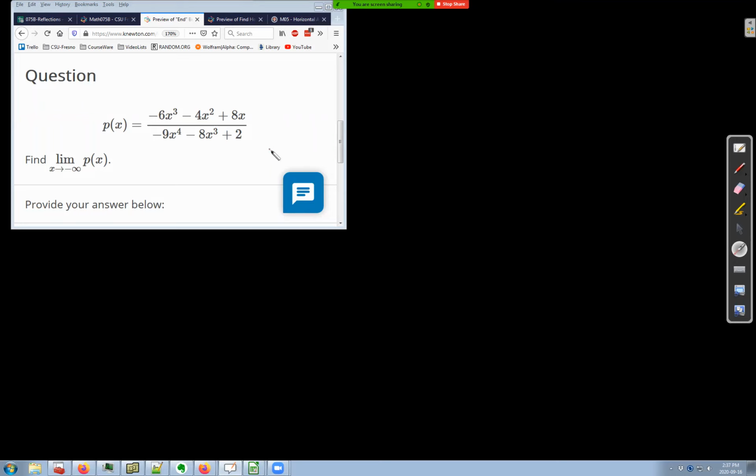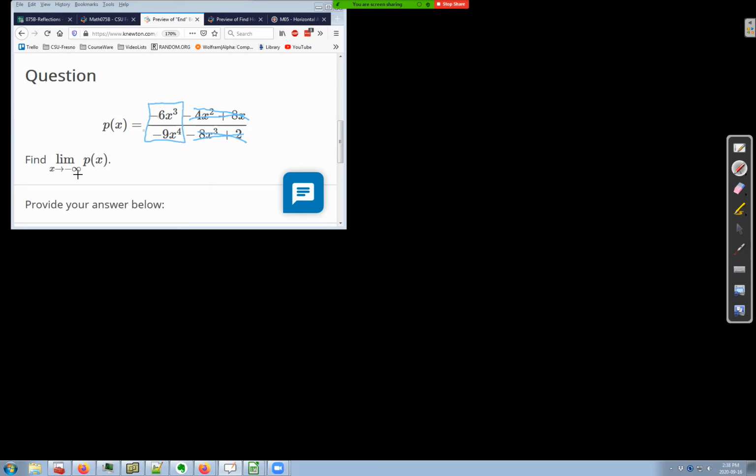The good news is we can apply the same reasoning as before: when you're dealing with end behavior, you only have to worry about the highest degree terms in the numerator and the denominator. So these terms don't matter in the numerator, and these terms don't matter in the denominator. The only thing I really care about are these 2 terms here.